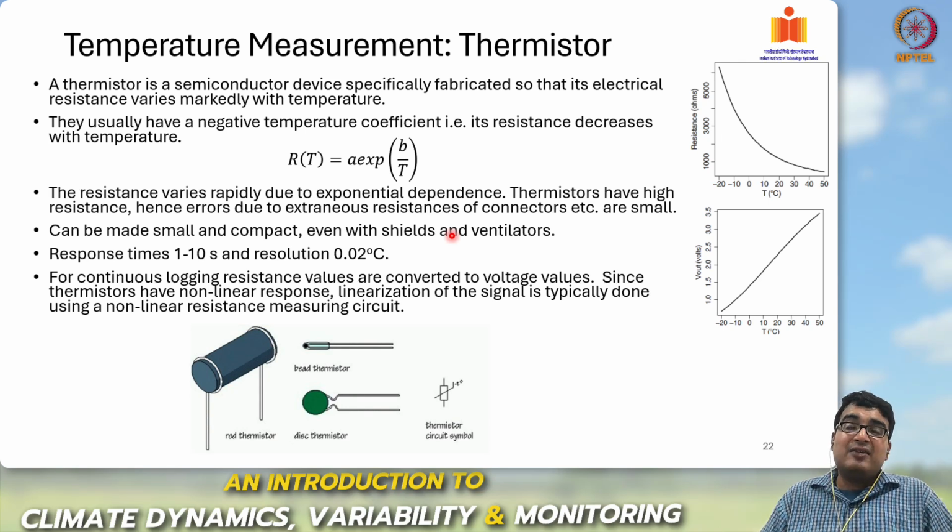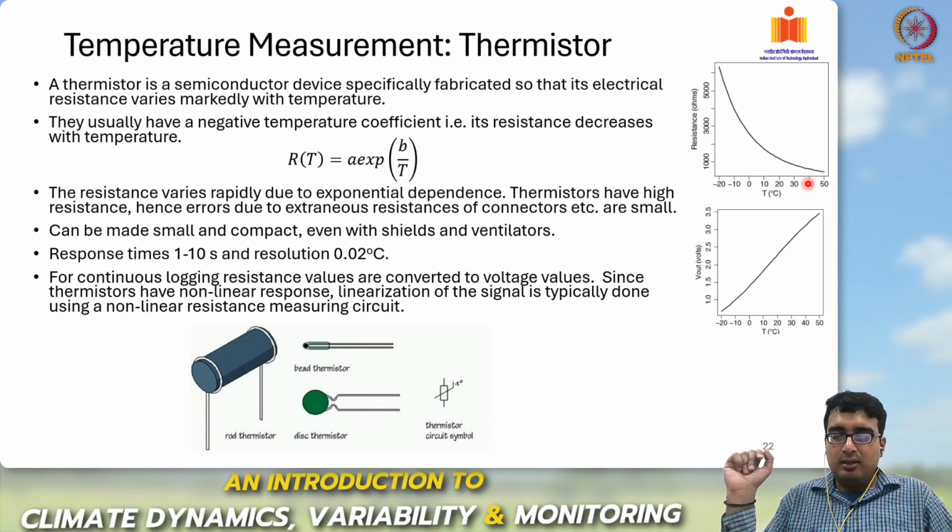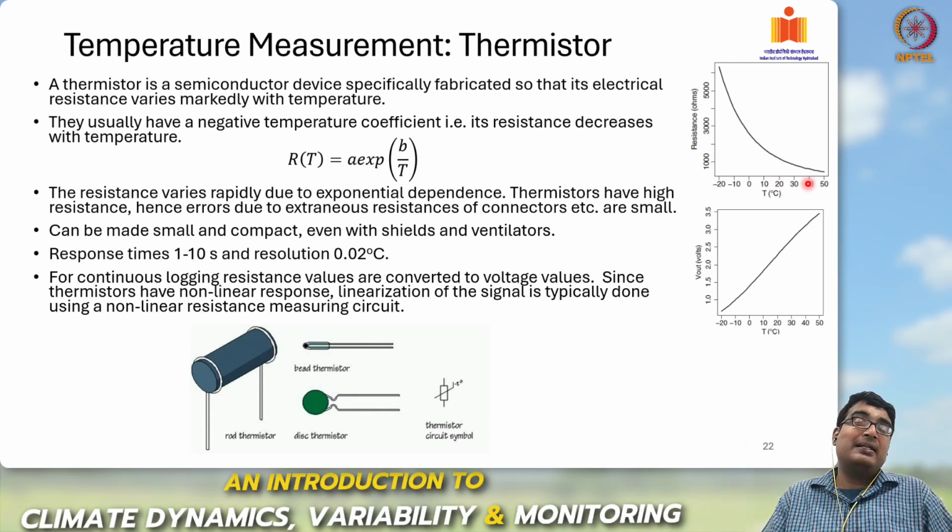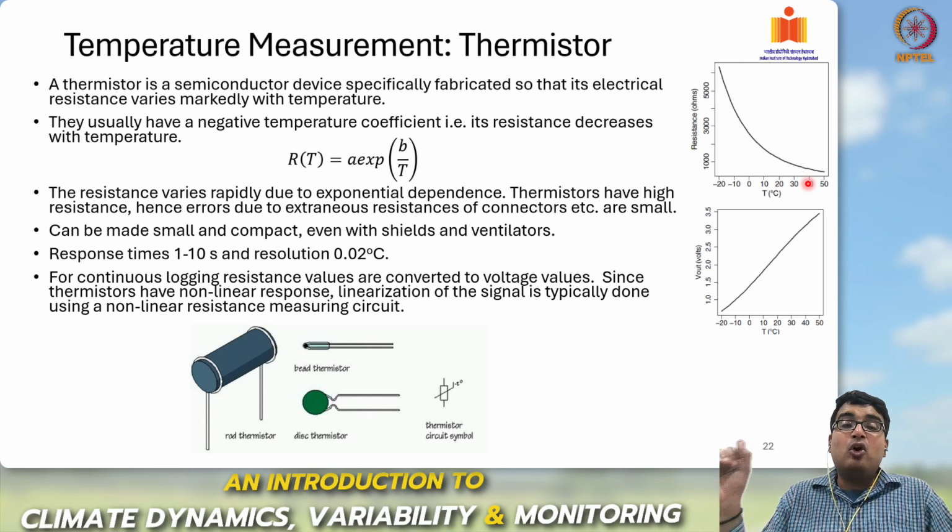Since thermistors have a nonlinear response, if you convert resistance to voltage just directly, you will have a very nonlinear kind of curve, which is not very good. So, you have an electronic circuit which does linearization of the voltage signal. Okay, so, linearization of the signal is typically done using a nonlinear resistance measuring circuit.